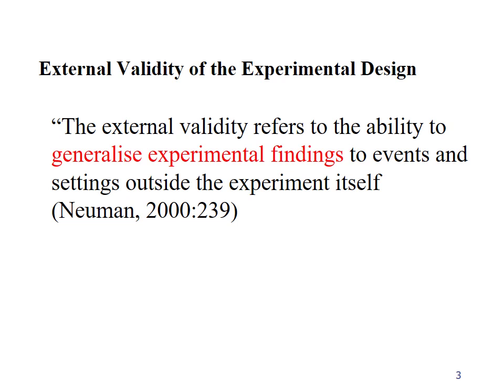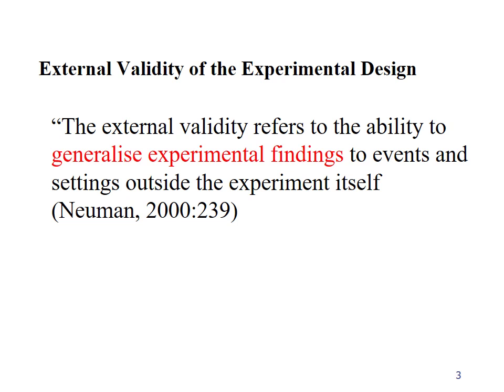If this is your finding, can you say that these findings are also applicable to other students, in other colleges, in other places, or only applicable to this particular group of students? If we can say that it is applicable for other students outside the experiment setting, that means the experiment is externally valid. Okay, so this is internal and external validity.